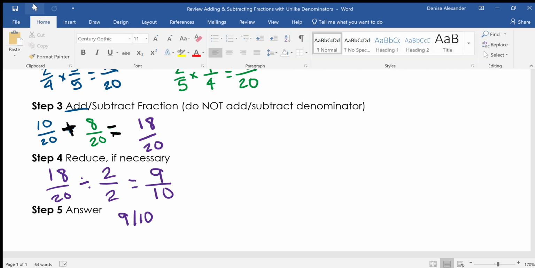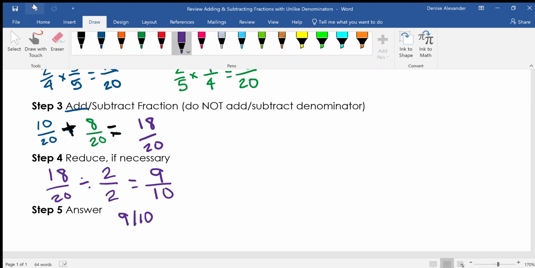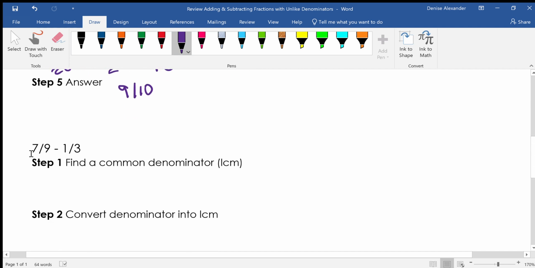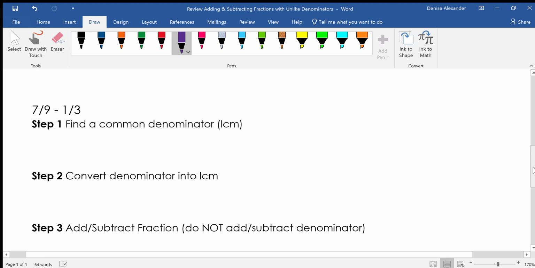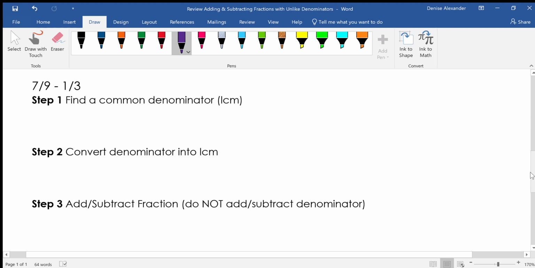I'm hoping that helped. Make sure when we're doing this, we're following the steps. The steps are very important. So we're going to go down. As I said, we're going to review adding and subtracting. So here's a subtracting one. Again, I'm going to look at my sign right here, which is subtracting.